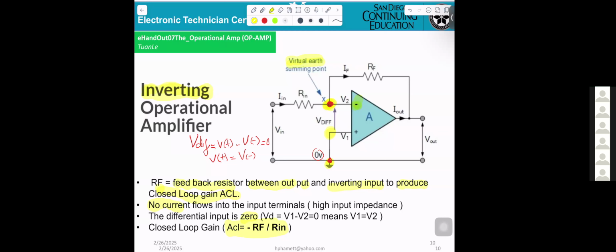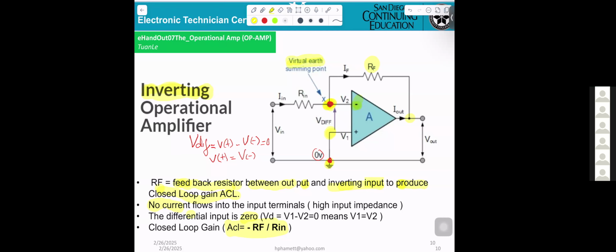Okay? So the RF they're talking about is this resistor here, connected from the output to the input. That's what they call a feedback resistor. RF is the feedback resistor between output and inverting input to produce closed loop gain, ACL.